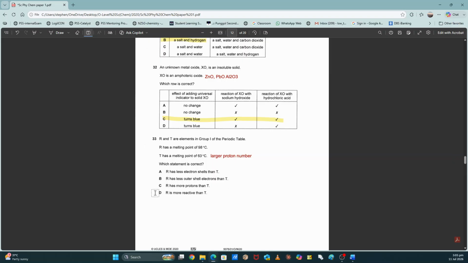So D is wrong. C is also wrong. How about A? R has fewer electron shells. Looks okay, right? Fewer outer shell electrons cannot be, because all of them are from group 1. All group 1 have the same number of outer shell electrons.